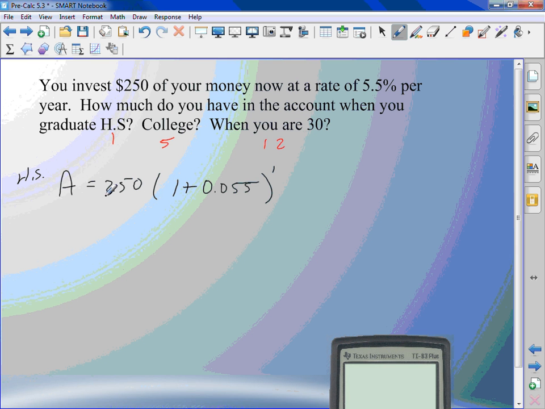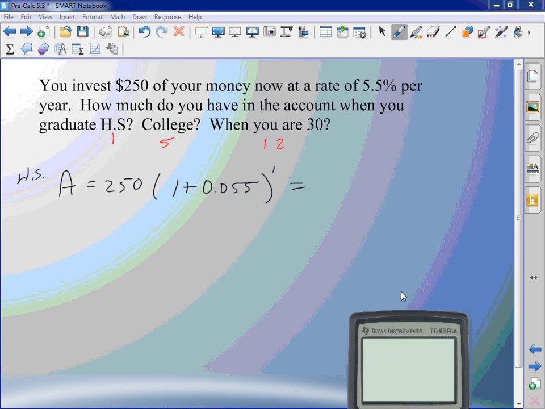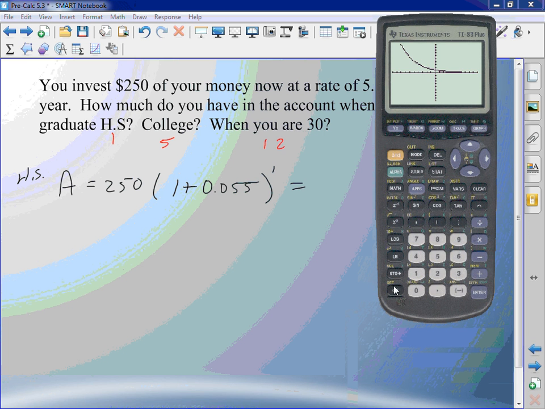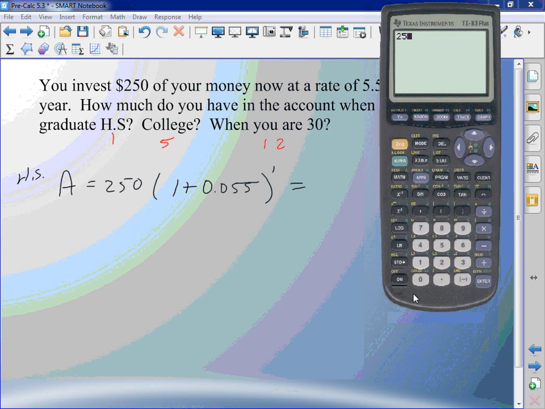You set it up, you put equals, we use our handy dandy calculator. 250 times 1 plus 0.055. I'll just put to the first, but I don't need it.